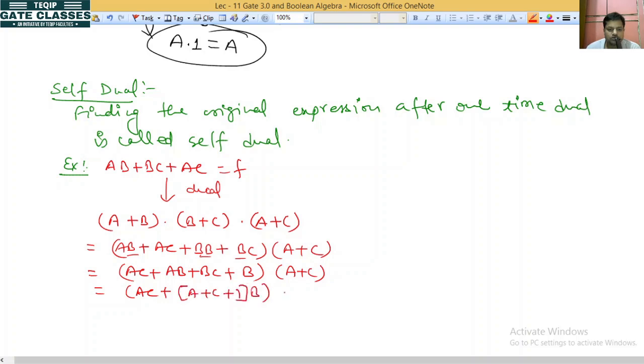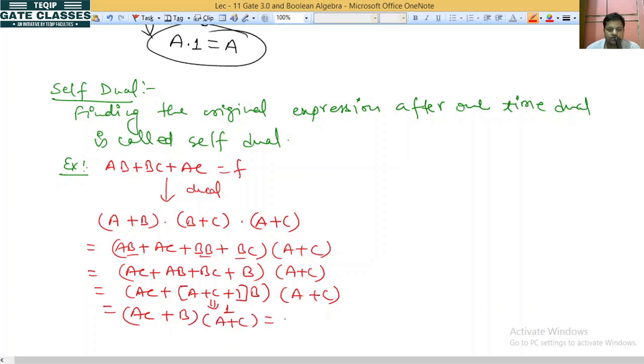What will be the value? This value will be 1, because 1 ORing with anything will be 1 only. So it is AC plus B.